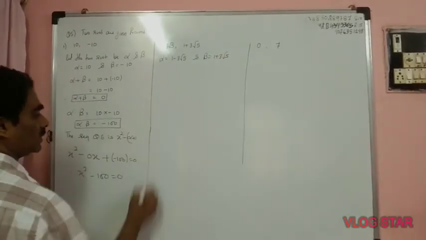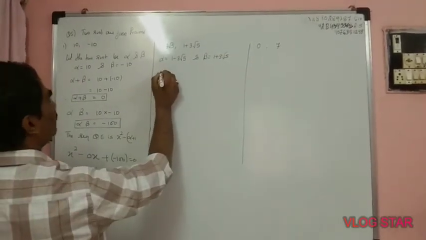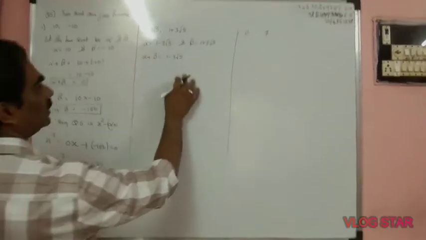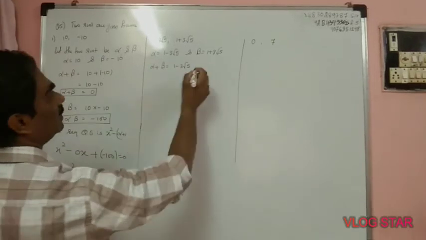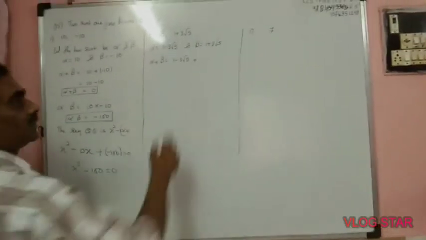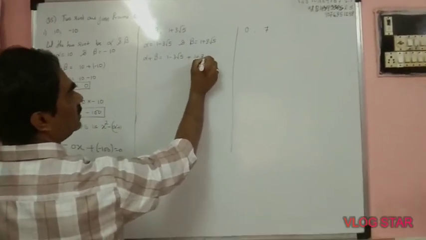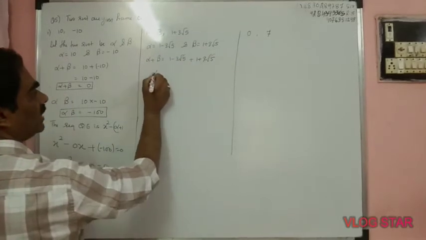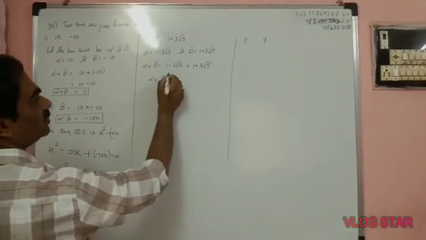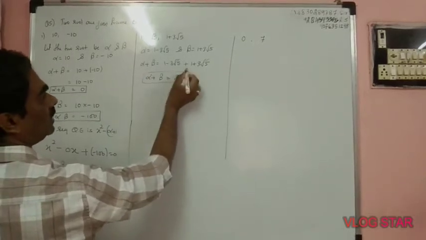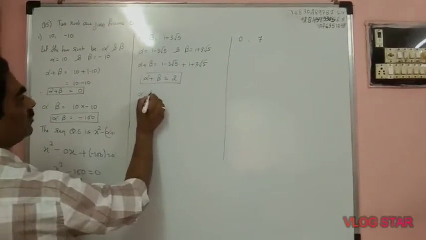Now, alpha plus beta: we get 1 minus 3 root 5 plus 1 plus 3 root 5. Right? So minus and plus cancel. So alpha plus beta is equal to what? 1 plus 1, 2.